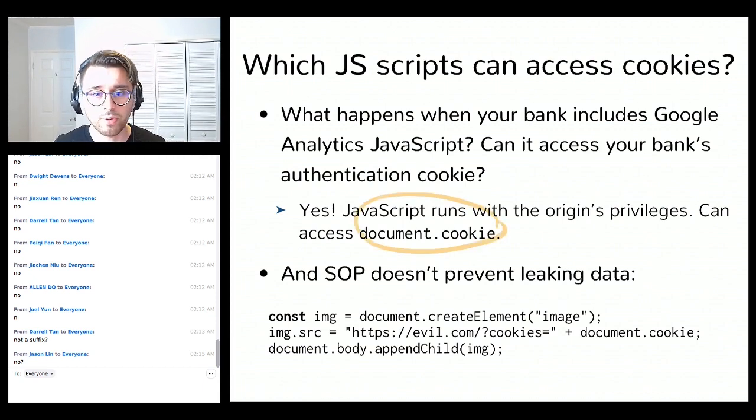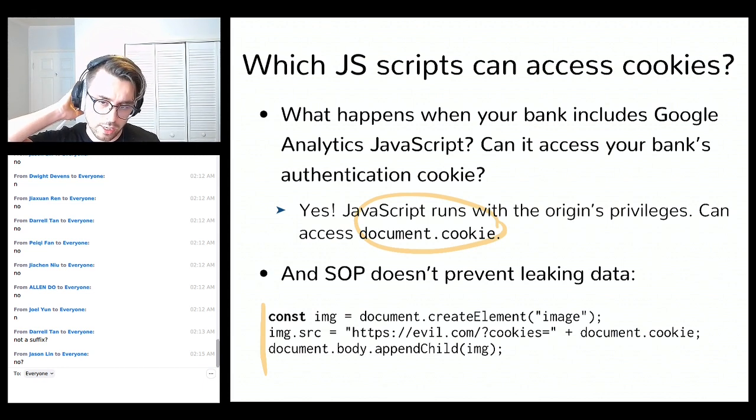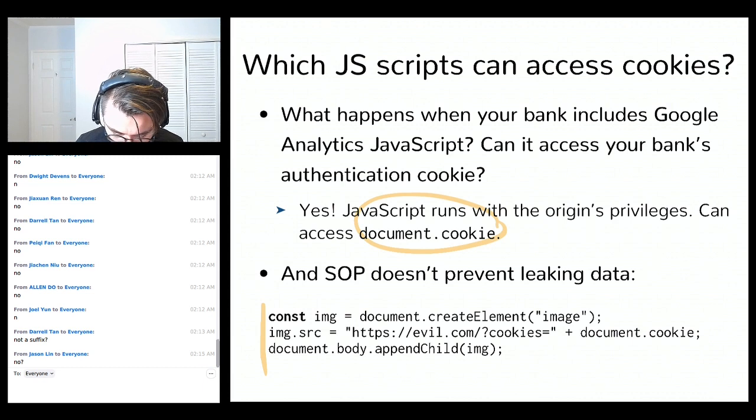And because the same origin policy doesn't prevent us from leaking data, if you accidentally loaded a malicious script, that script can totally leak your cookies, right? So it can either send it directly with JavaScript APIs, or it can create an invisible image whose URL points to evil.com/cookies with your cookies embedded as part of the URL, right?